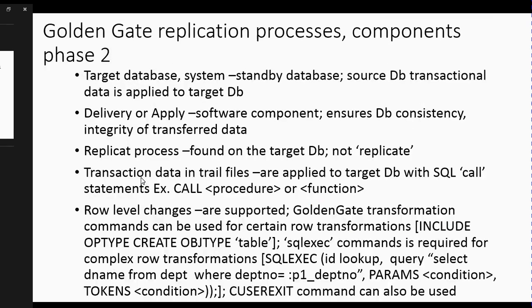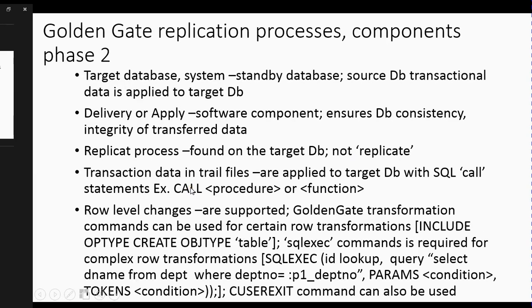What that means is, once you receive those trail files, they've been received by the replicat process already, but you can also do this manually. You just have to issue some SQL call statements. It's very simple: you'd be calling a procedure or a function.